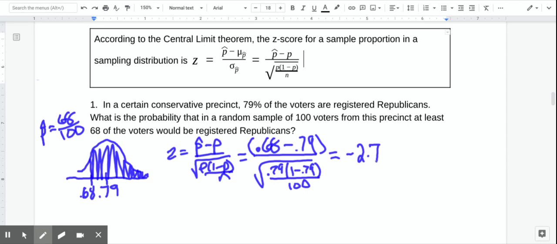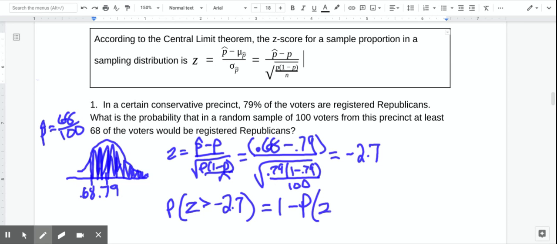So we want to find the probability that our z-value is greater than negative 2.7, because remember I shaded above. Now, if we're using the table, remember the table only gives us area below, so we're going to have to do 1 minus the probability that it's less than negative 2.7. And that's what we'll look up in the table, negative 2.7.